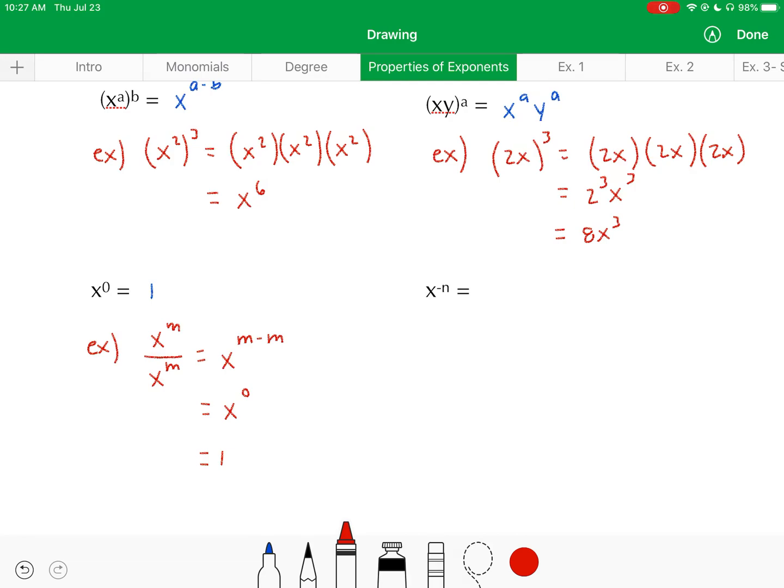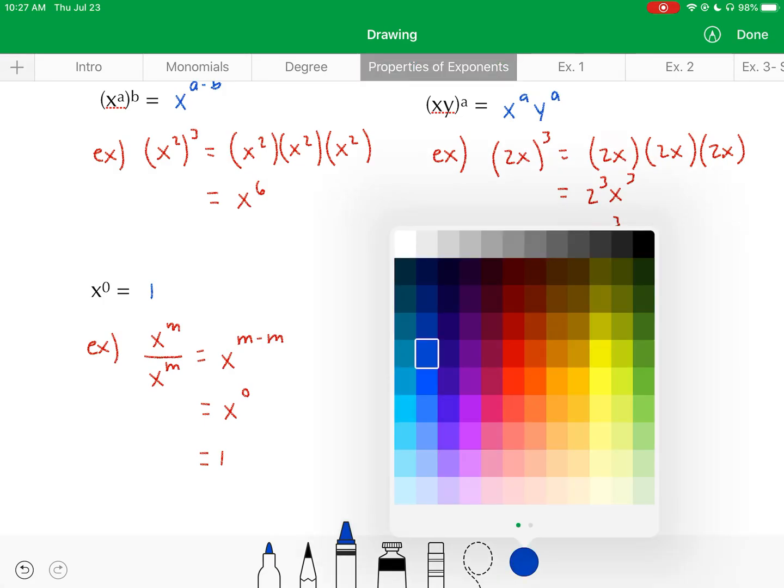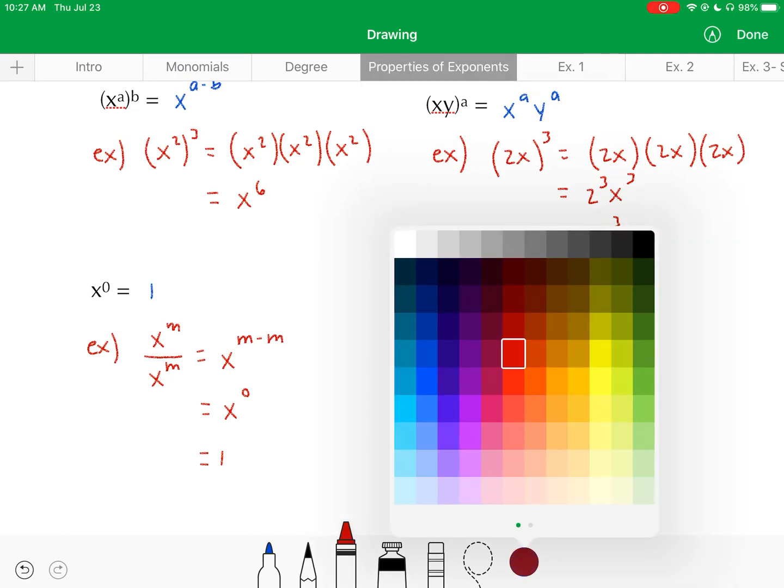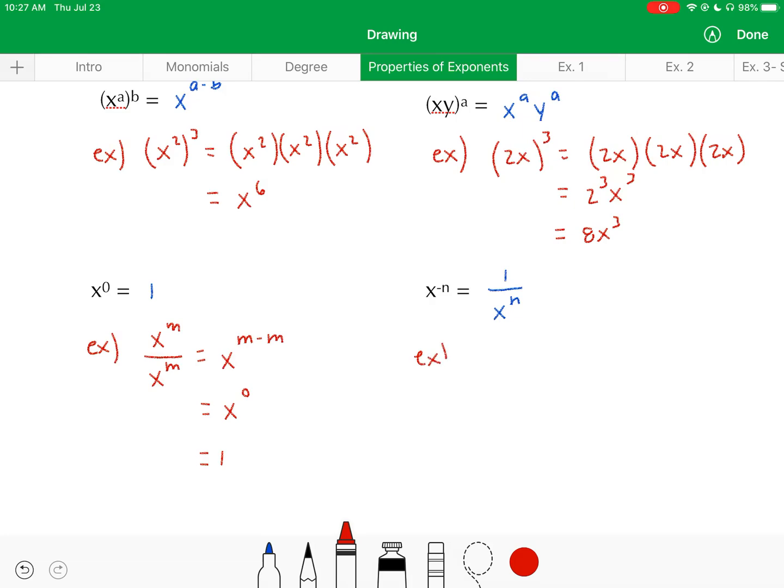All right? What if you raise a monomial to a negative exponent? Well, if I have x to the power of negative n, that's the same as 1 over x to the power of positive n. So an example of that, let's say we're working with x to the negative second power. That's nothing more than 1 over x to the positive second power.